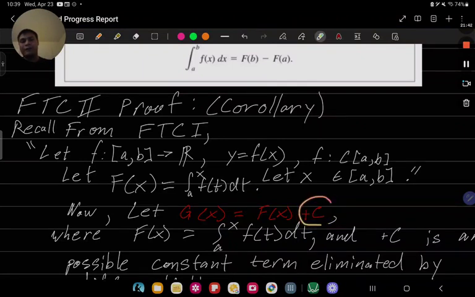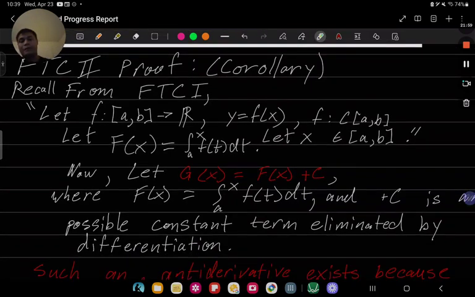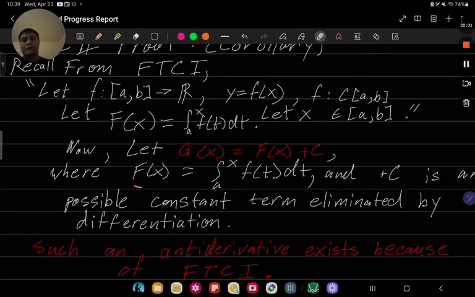And when we take the derivative of both sides, g prime is going to be equal to f, and then c goes to 0 because we differentiate. So the derivative of a constant is 0, right? And c, again, gets eliminated by differentiation.